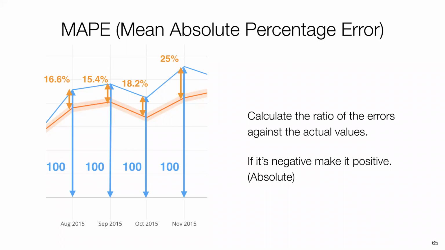And then the error, or the difference between actual and forecasted values, is what percentage of the whole actual value. And then you calculate that for every single data point. And then eventually you get the mean. And that's the mean absolute percentage error.